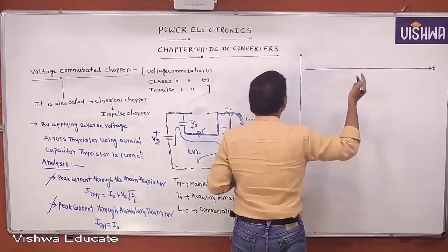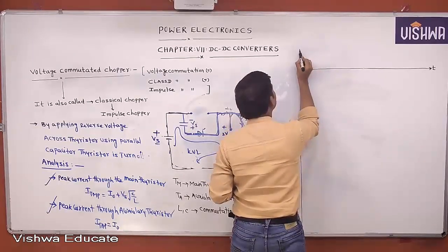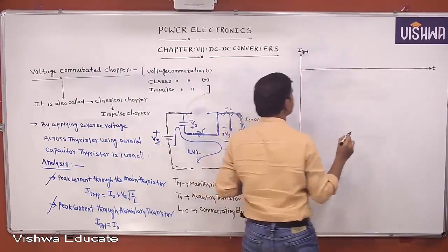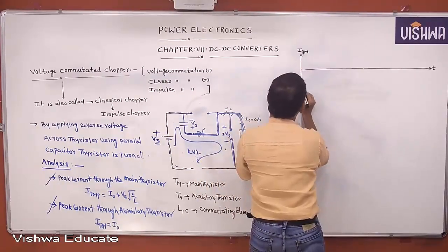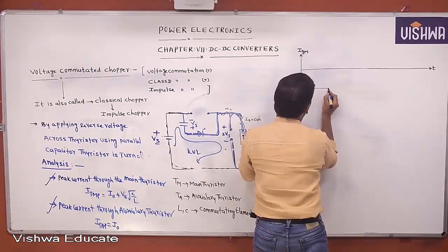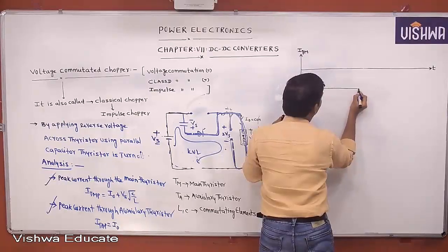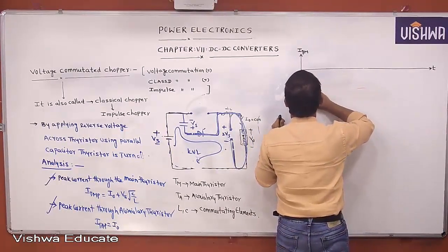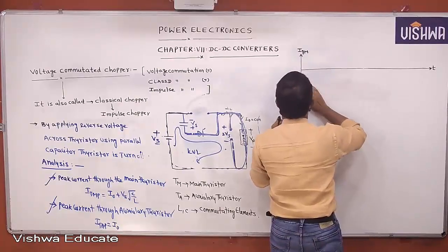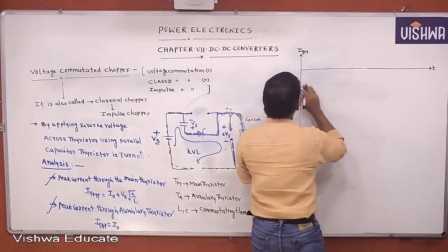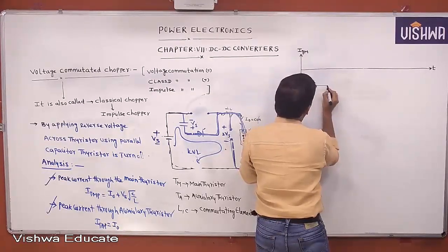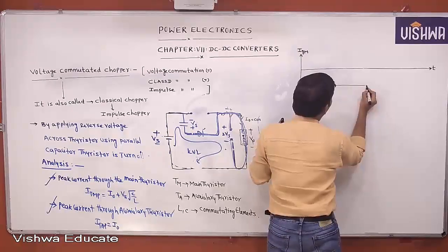This is the triggering pulse applied to the main thyristor. And this is the triggering pulse applied to the auxiliary thyristor.